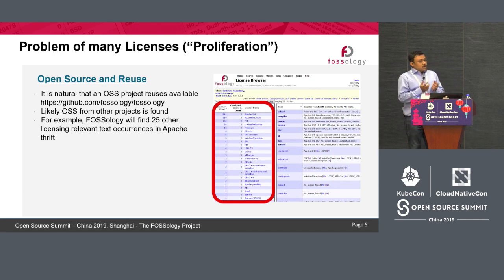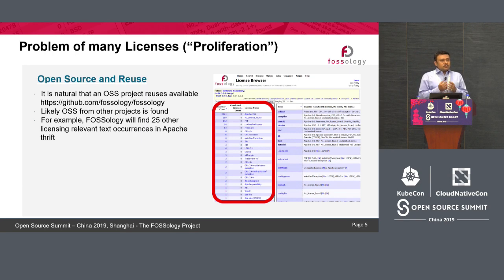What is this? We use software to build another software, and when you reuse multiple software, those are actually built with some other licenses. So we need to take care of the license compliance here.